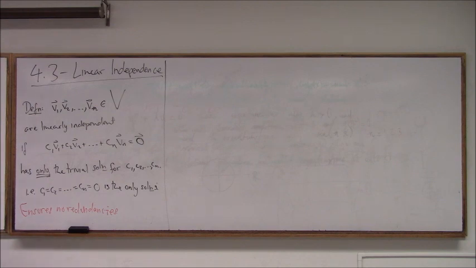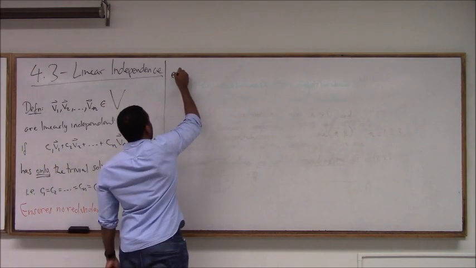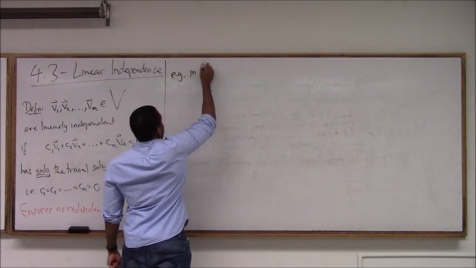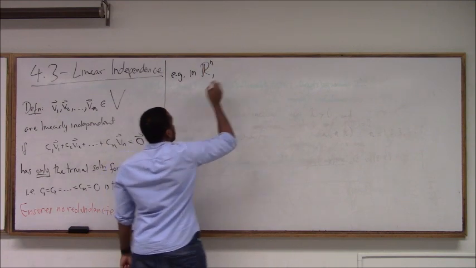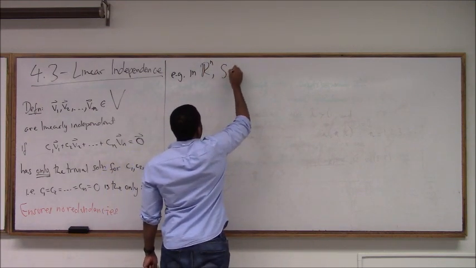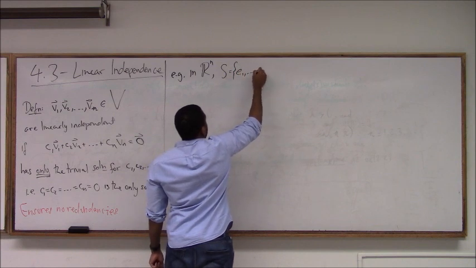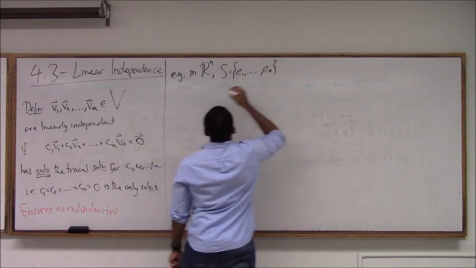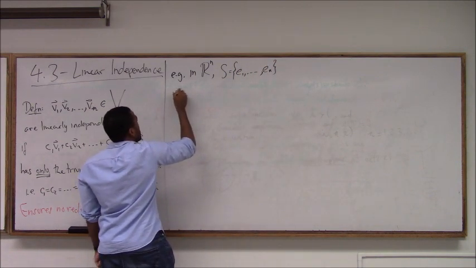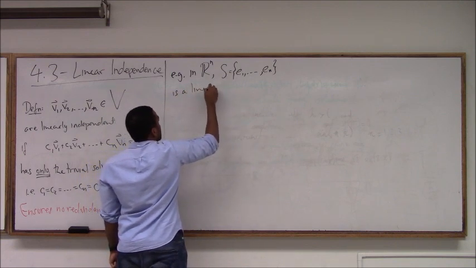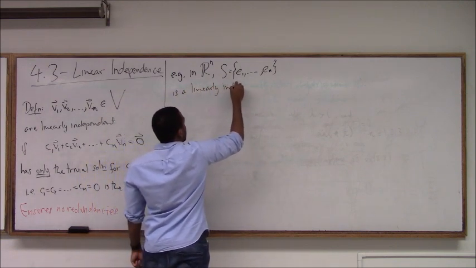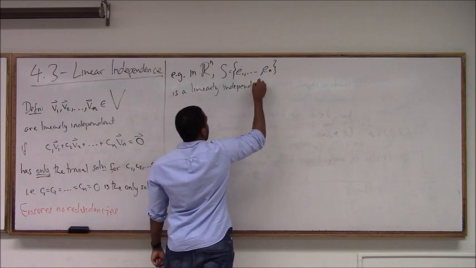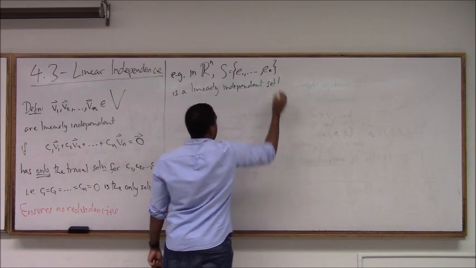Okay, so let me give you some examples now. Example. In Rn, we spoke about the standard basis vectors being a linearly independent set, right?